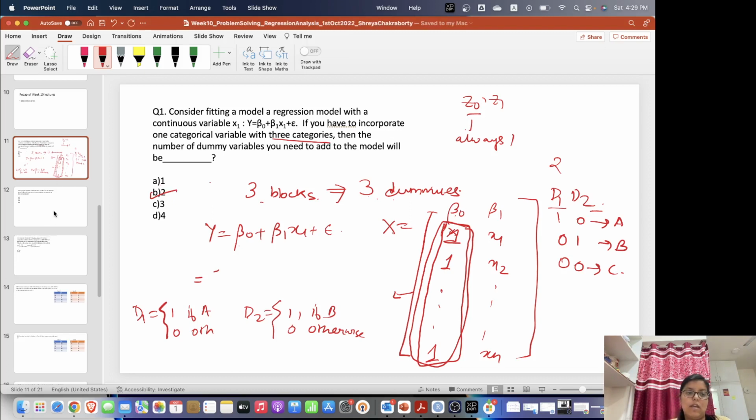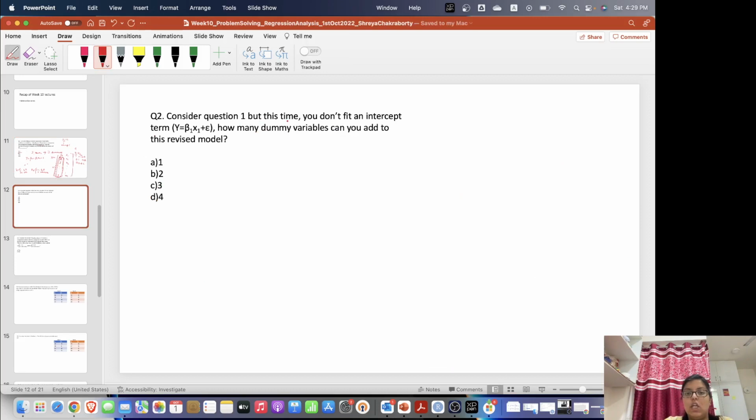Similarly, now let's say you have a variable which does not have the intercept term. Then the number of dummy variables that you need to add, with 3 blocks, implies 3 dummies.